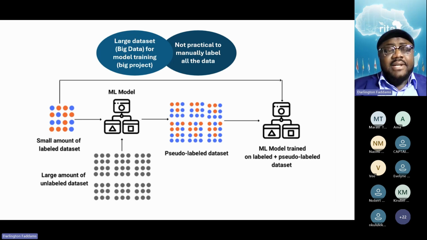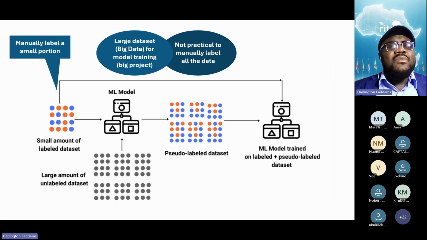All right, so let's get back to the point. What we do is we manually label a small portion of the data set, the small data set you see over here.